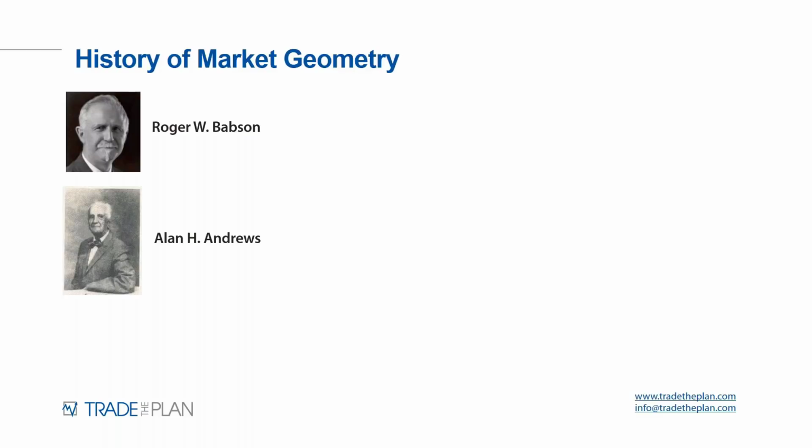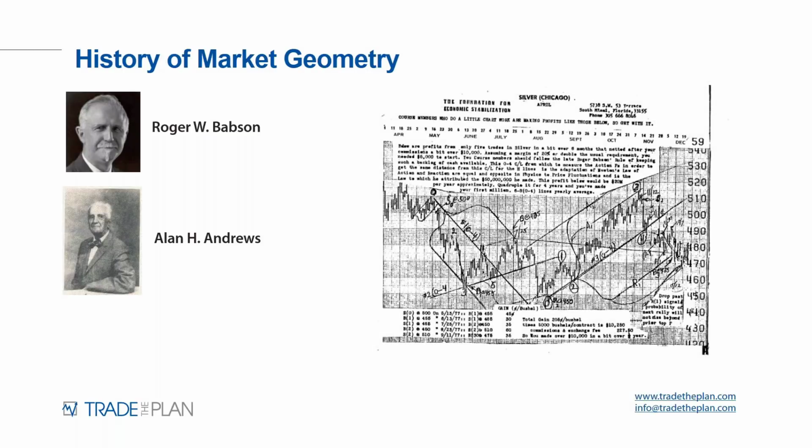Alan Andrews then greatly expanded on Babson's methods. About the mid-1960s, he came up with the concepts of median lines, parallel lines, and pitchforks. And we're going to see a lot of these in what we do coming up here. But really, since then, there's not been a lot of innovation in this particular area of technical analysis.